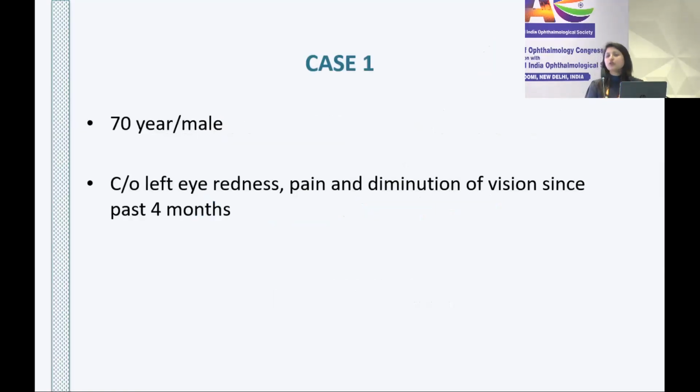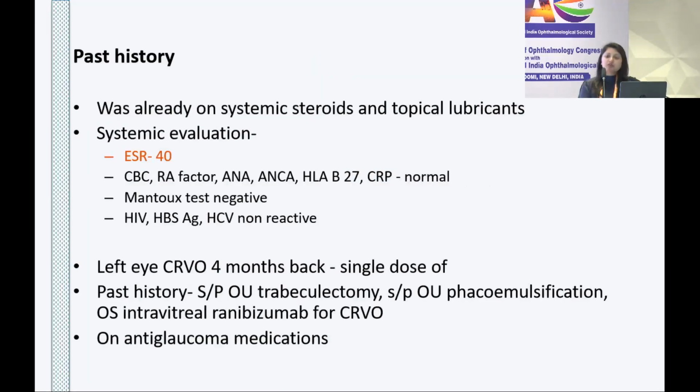So I'm going to start the clinical presentation with two cases. The first case is of a 70-year-old male who presented to us with redness, pain and diminution of vision in the left eye since the past 4 months. He was already on systemic steroids and topical lubricants when he presented to us, and his systemic evaluation from elsewhere had a raised ESR, but the other tests were within normal limits.